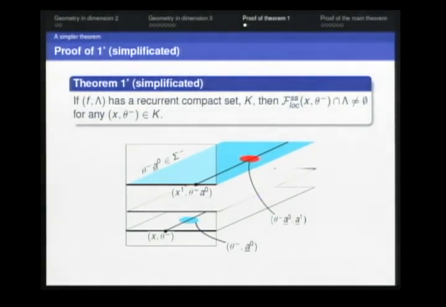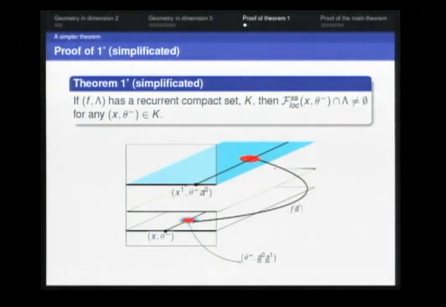The strong stable foliation is invariant. So the forward iteration of it still intersects the strong stable leaf of the original point. So back into that point, which is the renormalization operator associated to the cylinder A0 of the x theta minus.